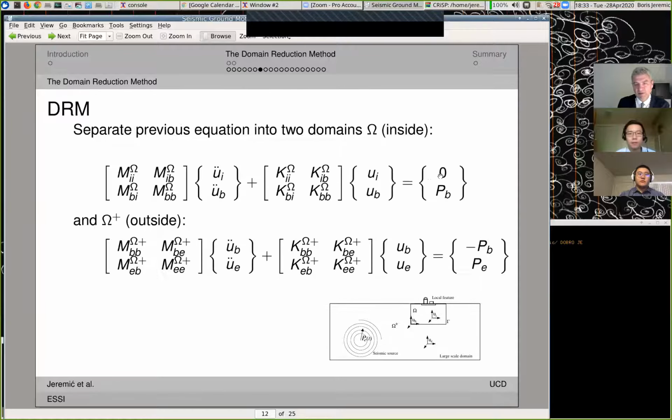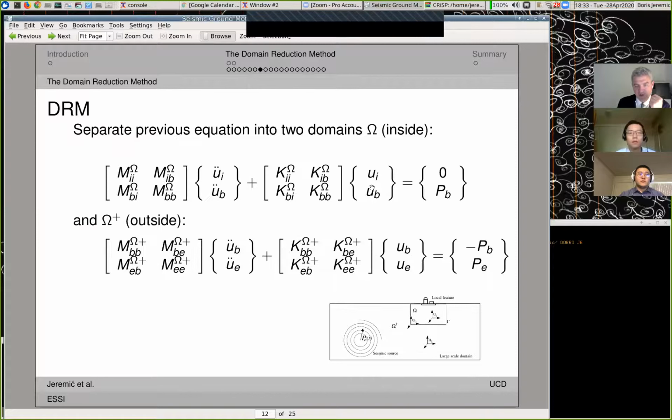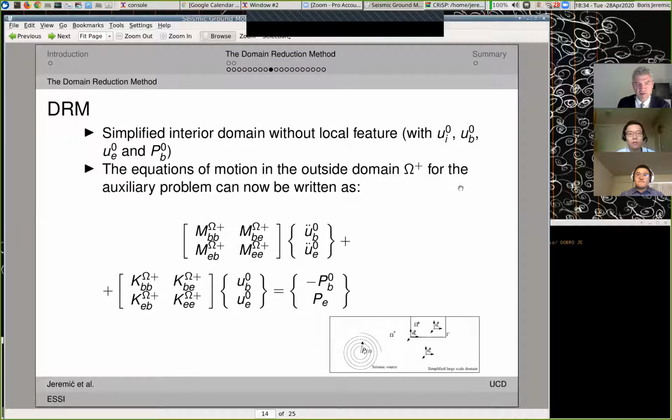So going back to the system, what we had as one system of equations, we now have two systems of equations where we know that we have compatibility of displacements, UB and UB are the same, UB double dot and UB double dot are the same, and we have equilibrium at the boundary where we split them in two parts. We have these action-reaction forces PB. So we end up with two systems of equations.